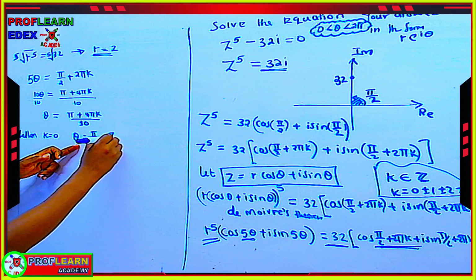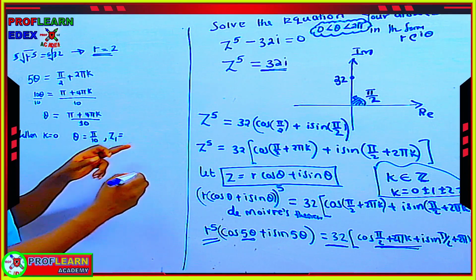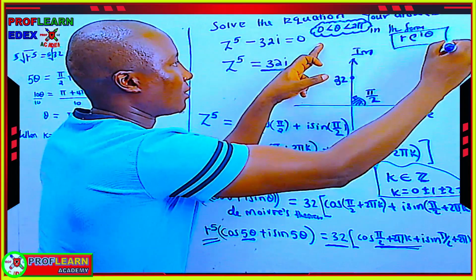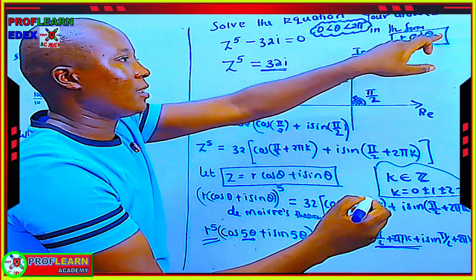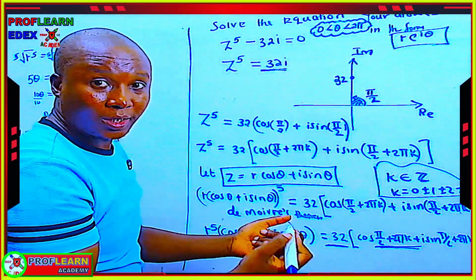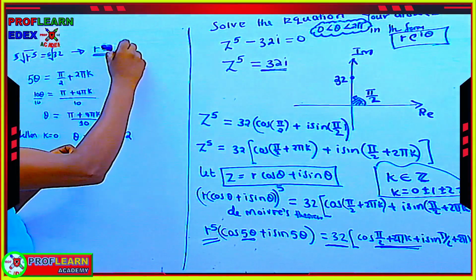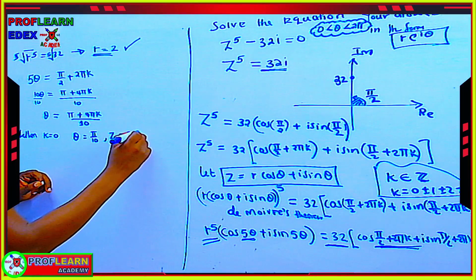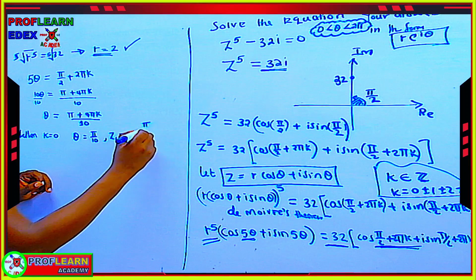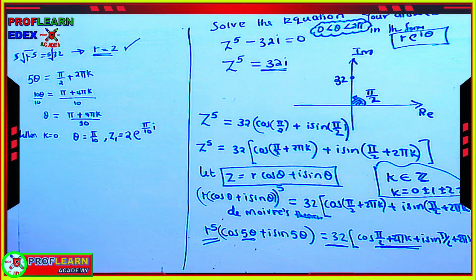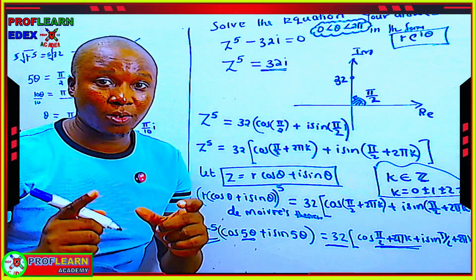So our z1 is going to be in this format, r e to the i theta. Our r is 2, so it will be 2e^(i pi/10). That is the first value of z1.